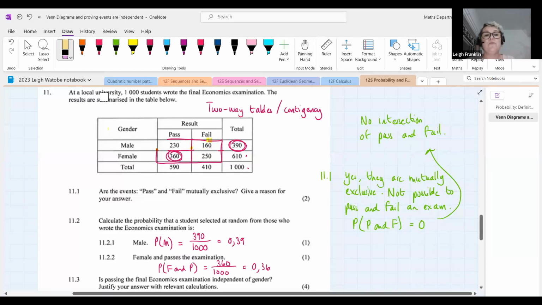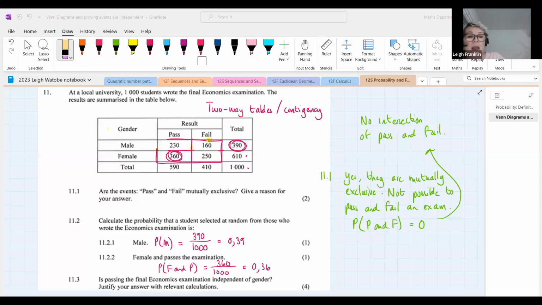Because if you did 360 out of 610, we are excluding the men and only looking at the women. That's not what the question means. They said a student selected at random, so they are implying that it's everybody, not just the women. Okay. Thank you. No problem.